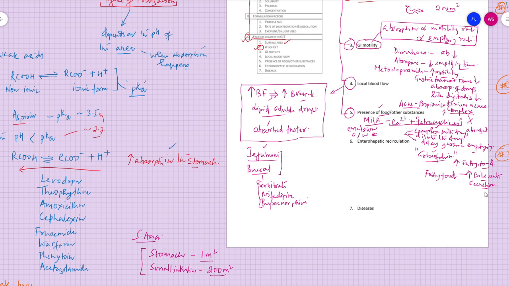Similarly, similar to griseofulvin, fatty foods can increase the absorption of propranolol. These are more lipid-soluble drugs, as are metoprolol and chloroquine.